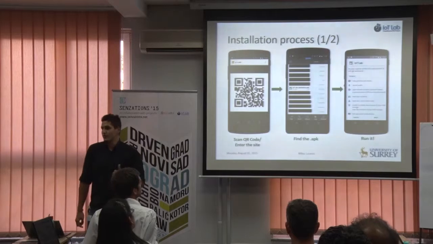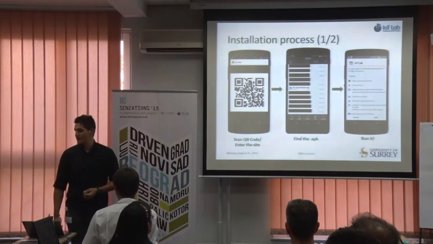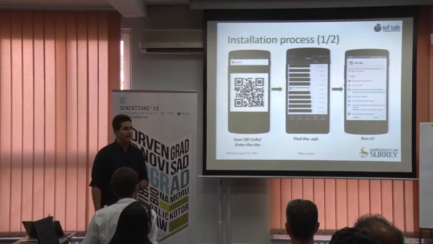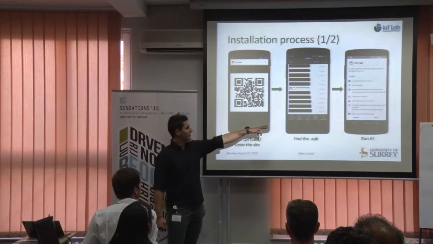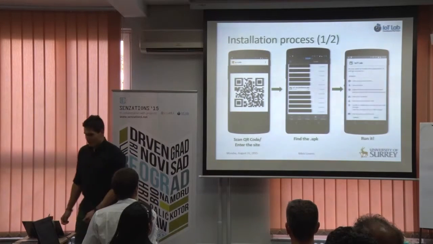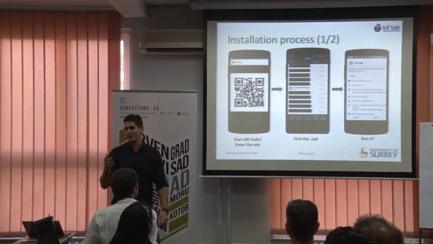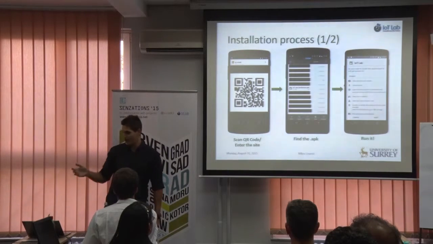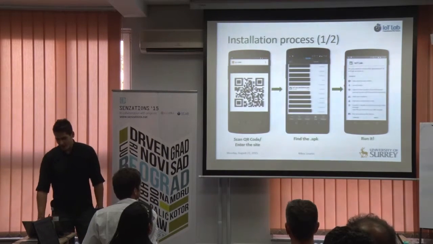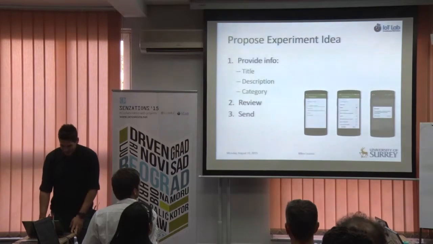You either log into our website, iotlab.com, and you can get the application there. You find it inside your download folder, and then you install it. So the previous 5 steps from that is just because we're not live in Google Play Store right now. Hopefully we will in a couple of months from now.